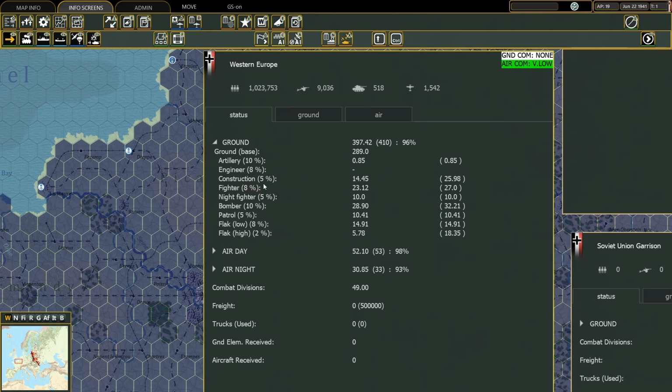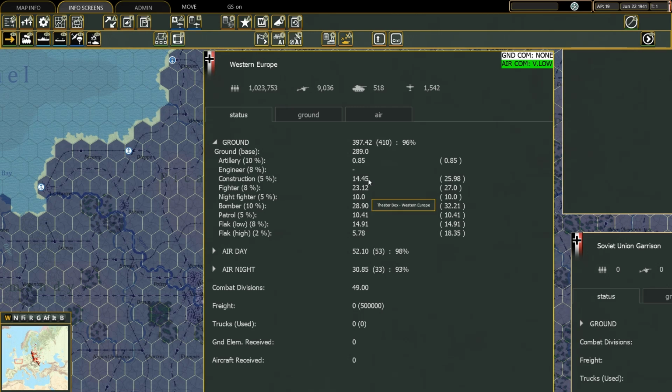Now, let's make it easy. The construction units contribute to just 5% of the total ground combat value of the ground requirement. And if you calculate 5% of 289, you get 14.45 units.